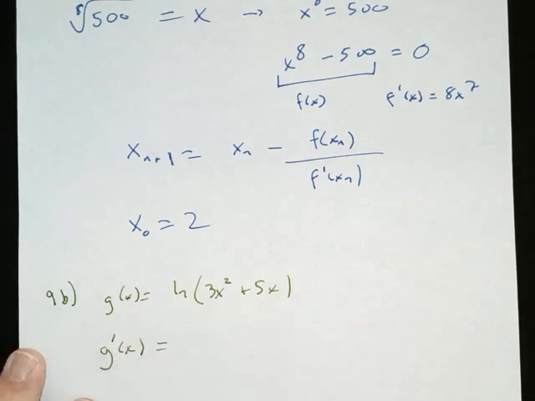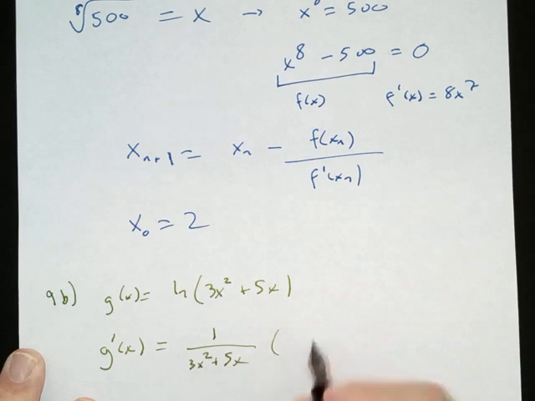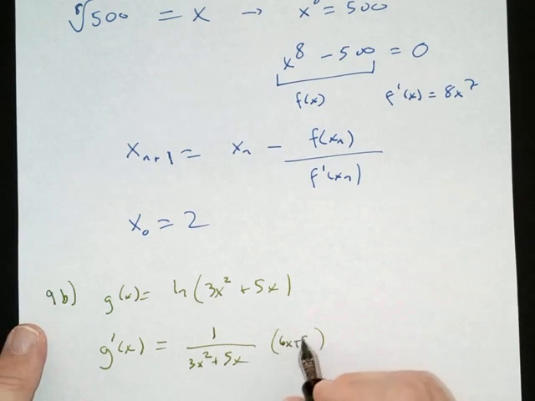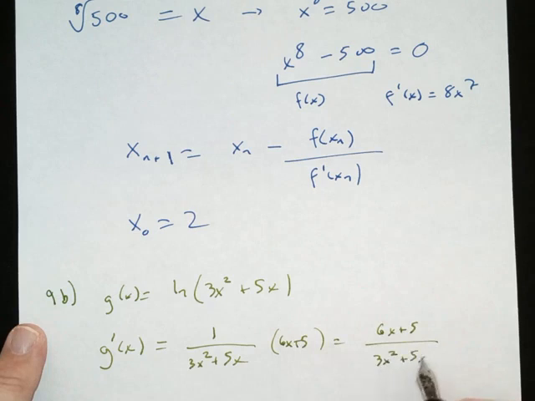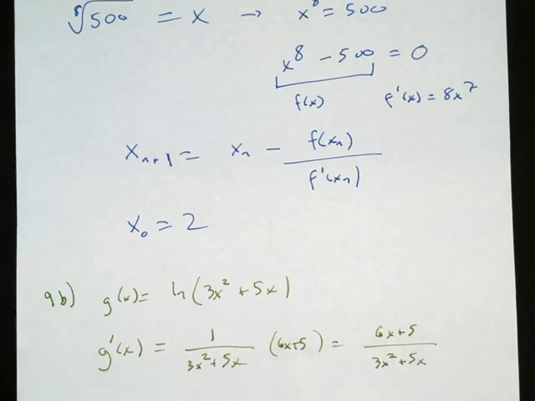The derivative of ln of x is, but this is ln of stuff, so it's 1 over stuff. But wait, there's more. Which really makes this a quotient. Oh well. I guess I got to do the quotient rule now.